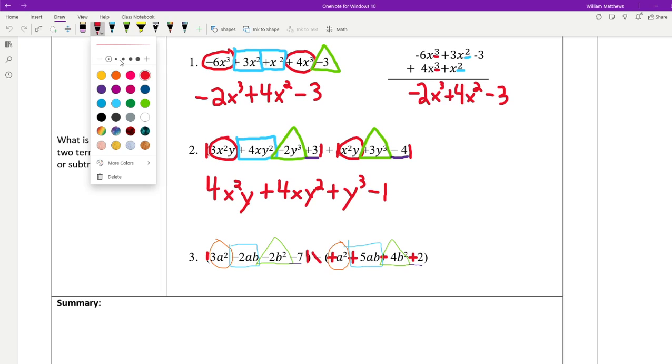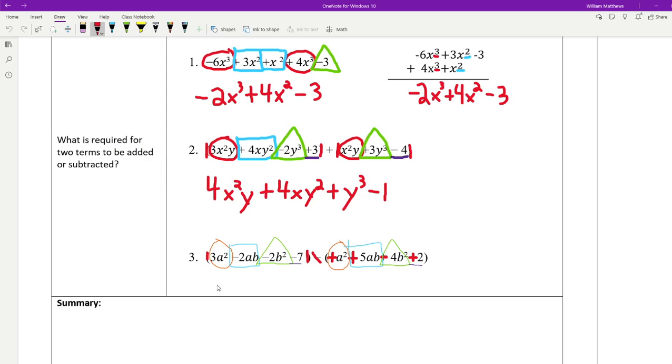Let's go back to our red and go back to the same size. In this case, 3a squared plus a squared would be 4a squared. The base stays the same, coefficient's the only thing that changes.